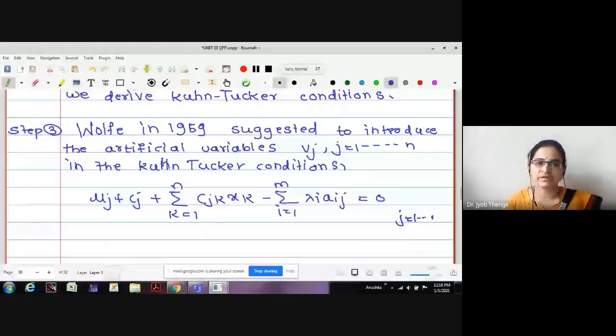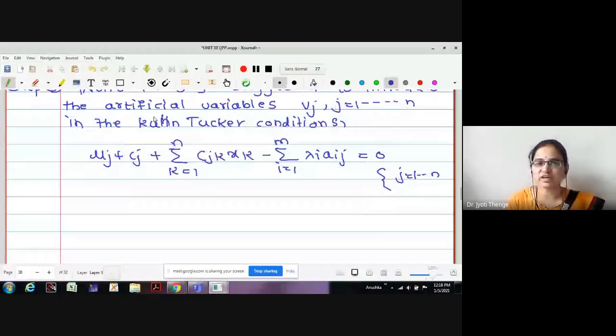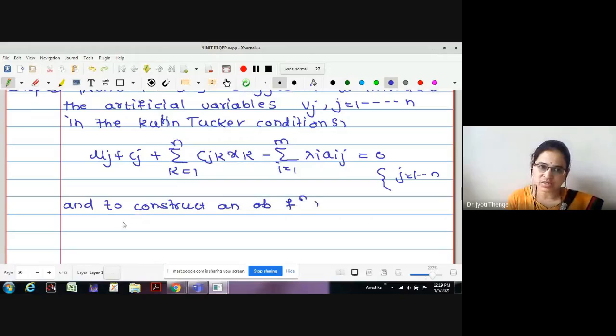And we were going to add the artificial variable in these n equations given by the Kuhn-Tucker conditions and construct an objective function Zv, which is actually the sum of the artificial variables.